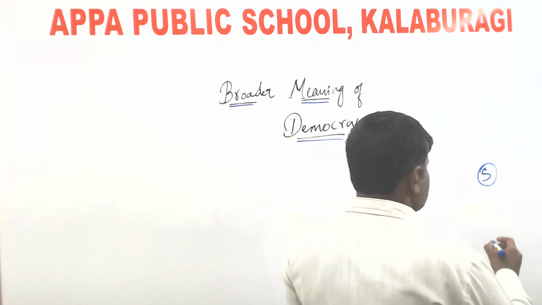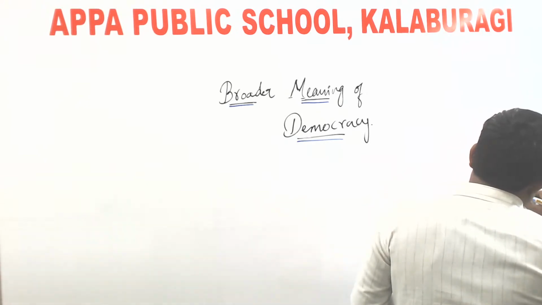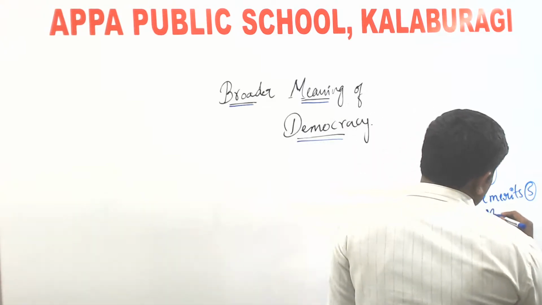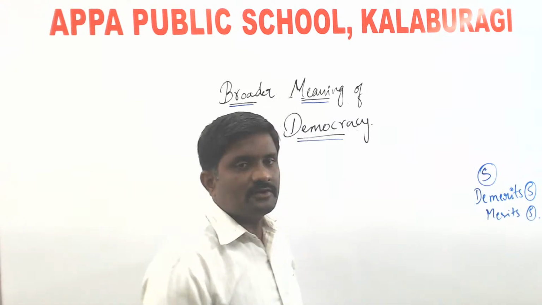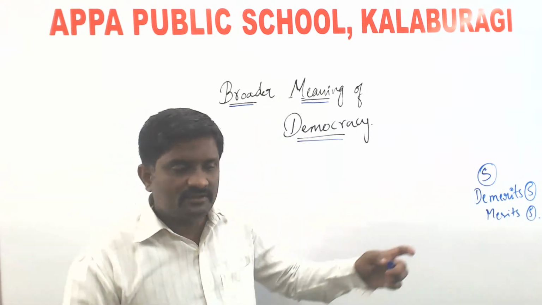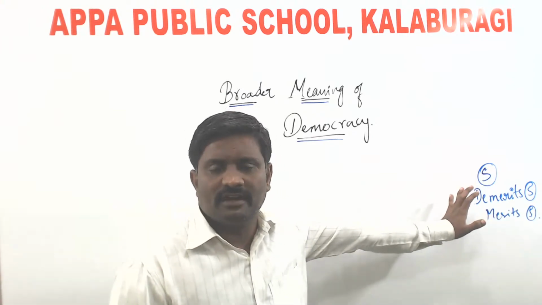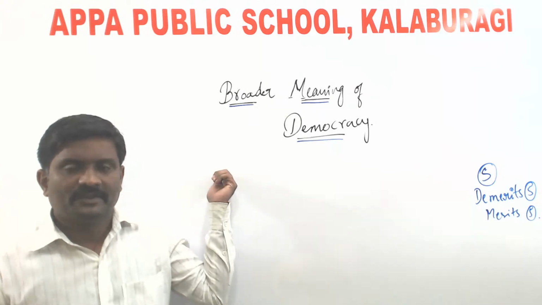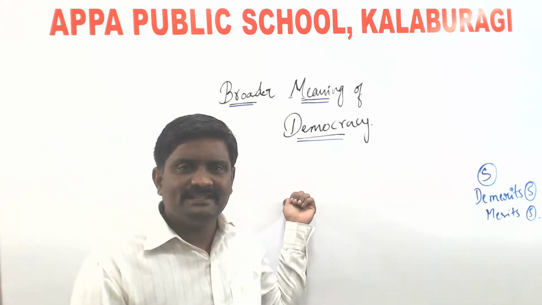If we ask for demerits for 5 marks, then you have to write all 5 points. And if we ask for merits, then you have to write all 4 points. So we will just glance over what we discussed in the previous class. Here are the major demerits of democracy, or arguments against democracy.